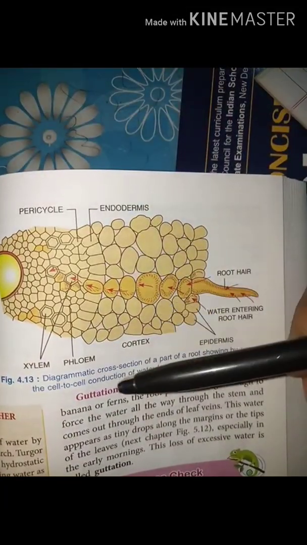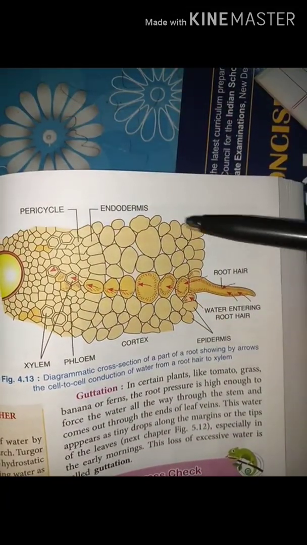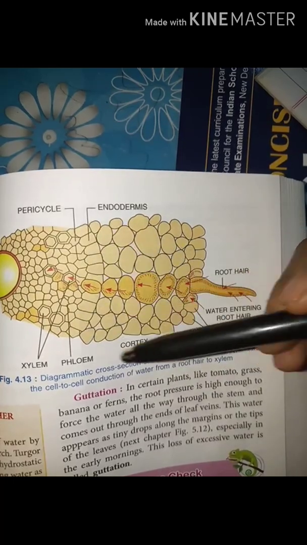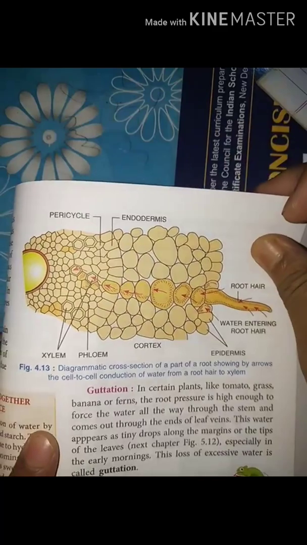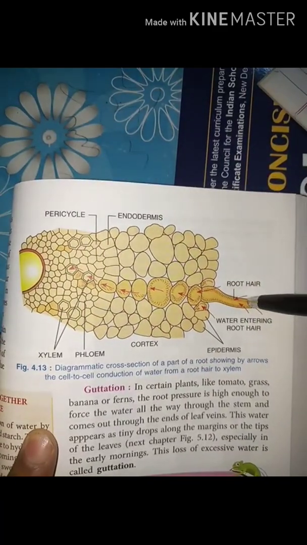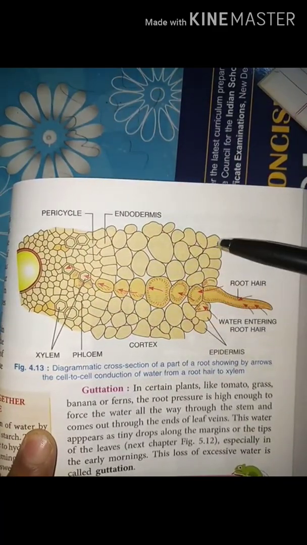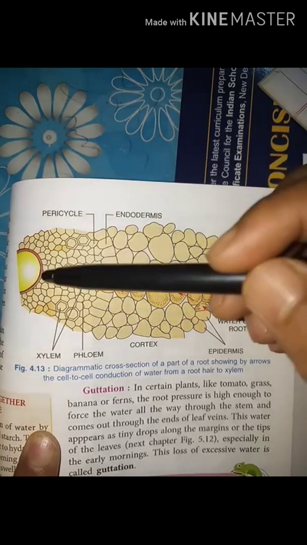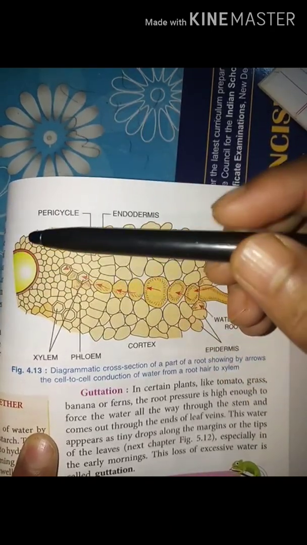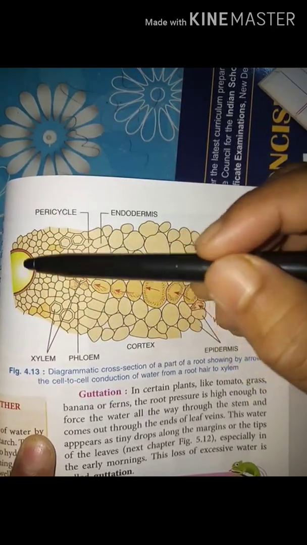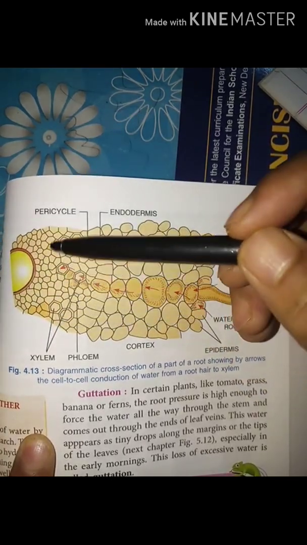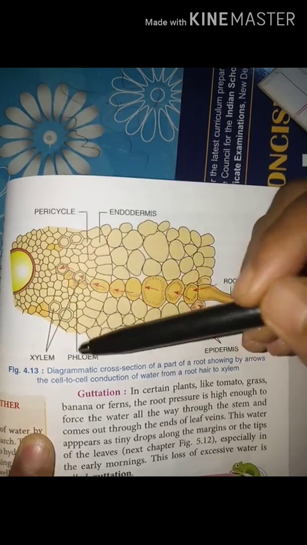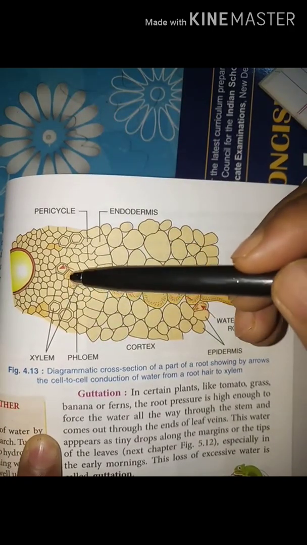See this figure 4.13. This is the vertical or the cross section of a part of a root. This is the root hair, outermost layer, that is epidermal layer. Here, this is a central layer, and this central part is called pith, and surrounding the pith are the vascular bundles, xylem and phloem.